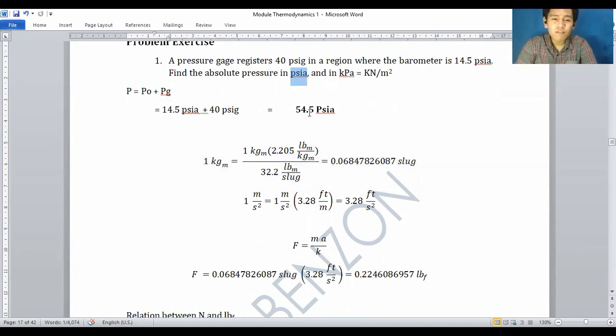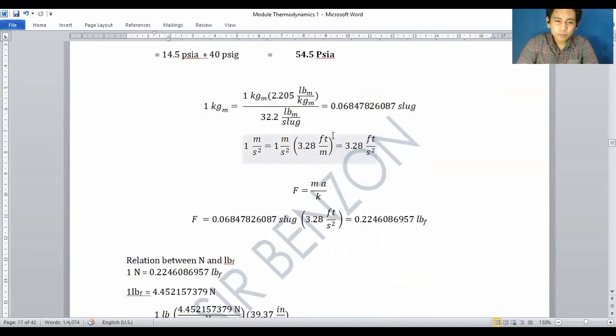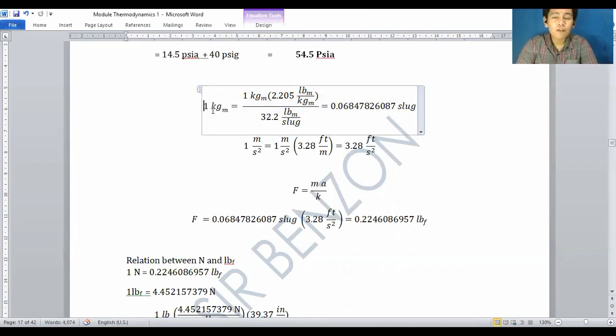Now, we have to convert 54.5 psia into kilopascal. So we first show the long method. We first need a conversion factor, a derivation which comes from force equals ma. Therefore, 1 kilogram mass times the conversion factor to pound mass, 2.205 over 32.2 pound mass per slug, gives 1 kilogram equal to 0.06847826087 slug.